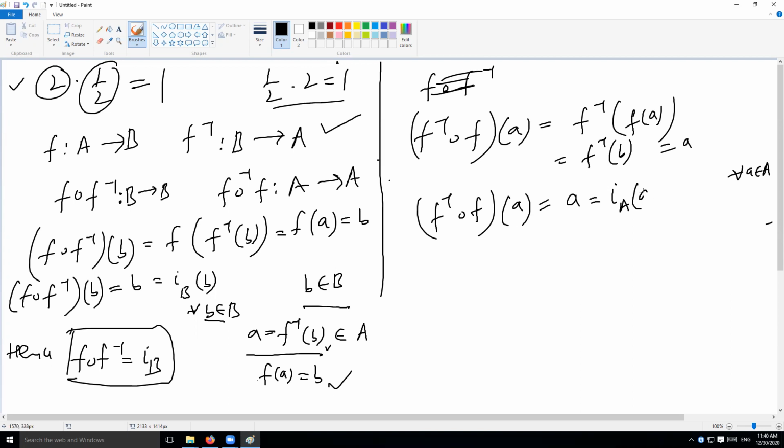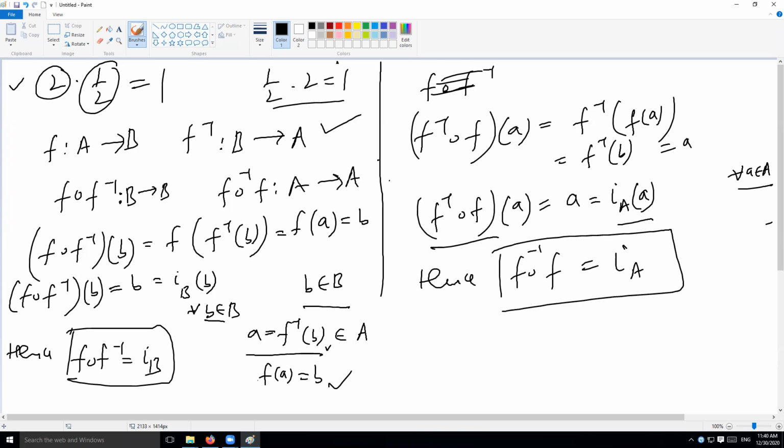If you substitute any A into the identity of A, it spits out the same A. So these two things are equal for all A in A, and hence I can conclude that F inverse composition F is equal to the identity of A. Okay?